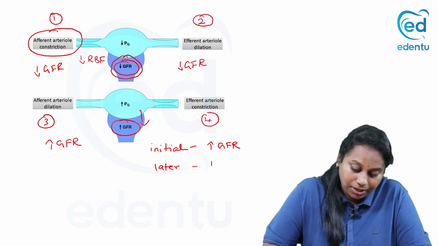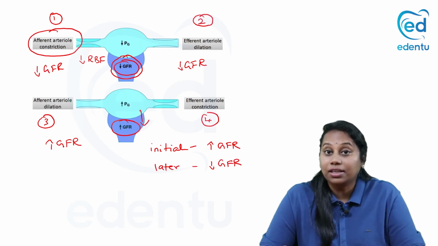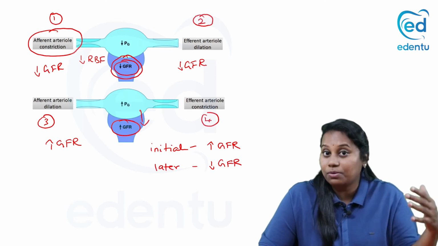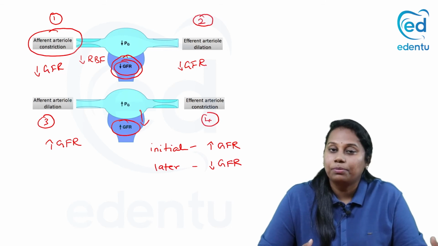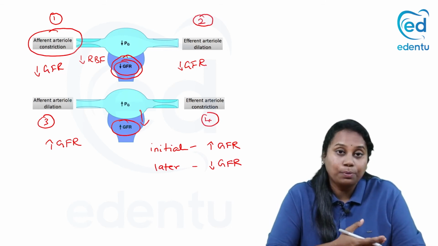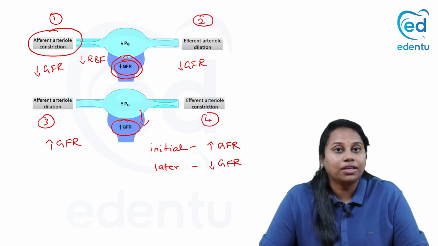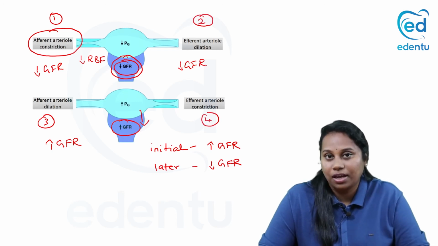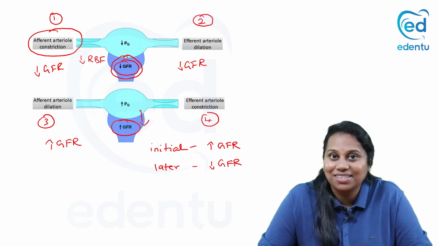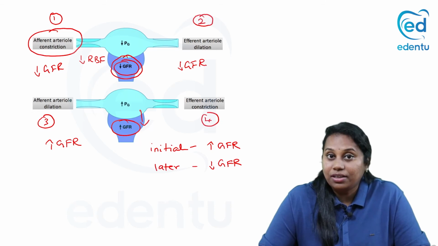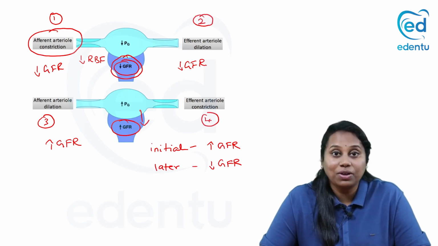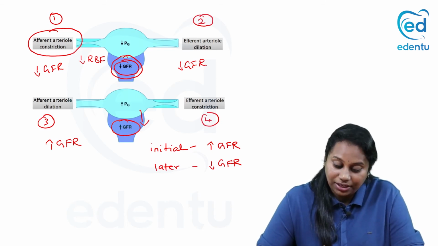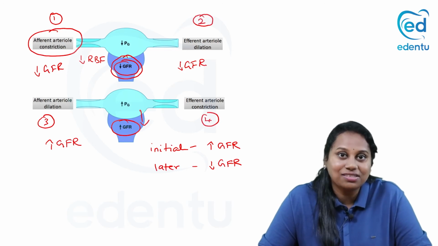So thereby decreasing your GFR. So initially there is increase in GFR because hydrostatic pressure pushes the filtration to the other side. But after a long time, these plasma proteins get accumulated and they will keep pulling the filtration in the opposite direction. Therefore, GFR decreases. So keep in mind, efferent arteriole constriction can have dual effects. It can initially increase GFR and later decrease the GFR.